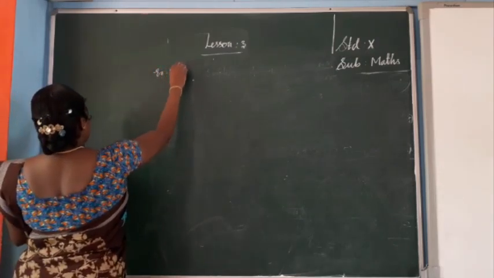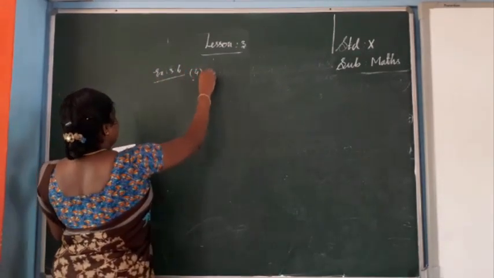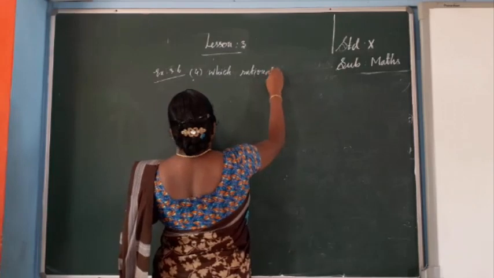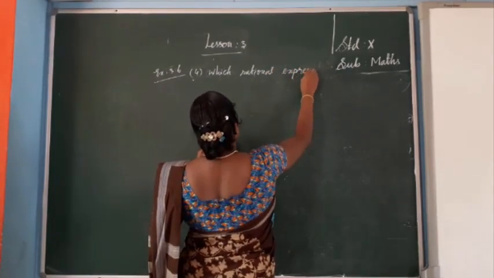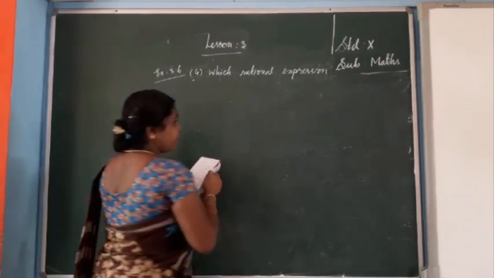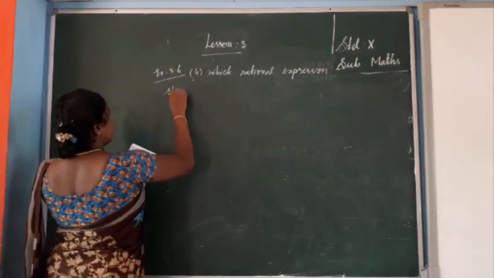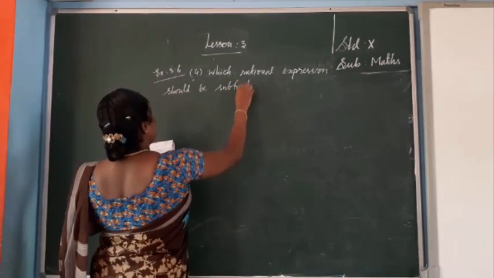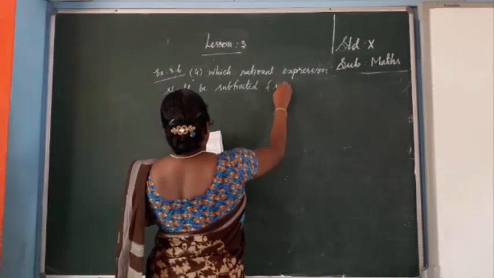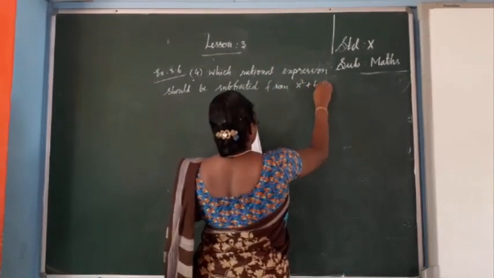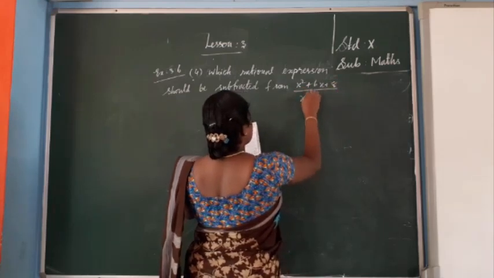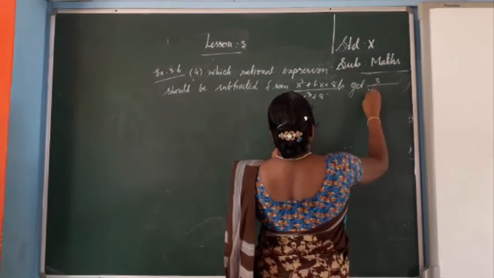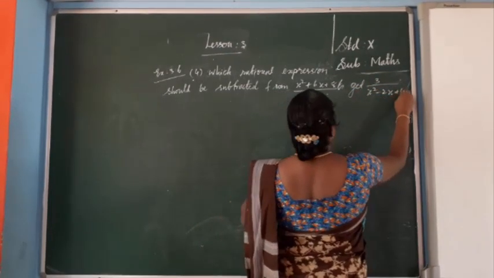Exercise 3.6, question number 4. Which rational expression should be subtracted from x square plus 6x plus 8 by x cube plus 8 to get 3 by x square minus 2x plus 4?